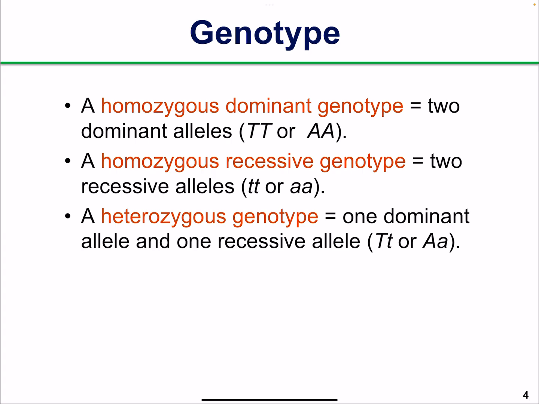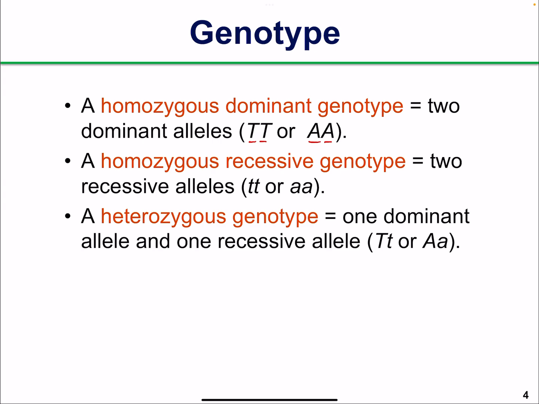an individual can be two alleles that are exactly the same. For instance, capital T, or capital A. In that case, because we have capital letters, these are dominant alleles.